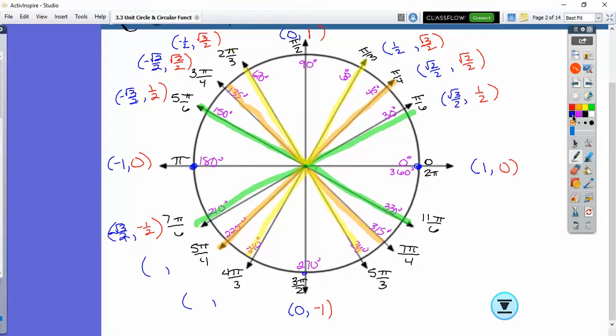So at 5 pi over 4, we're using negative radical 2 over 2, negative radical 2 over 2. 4 pi over 3, we're using the pi over 3 point, negative 1/2, negative radical 3 over 2.